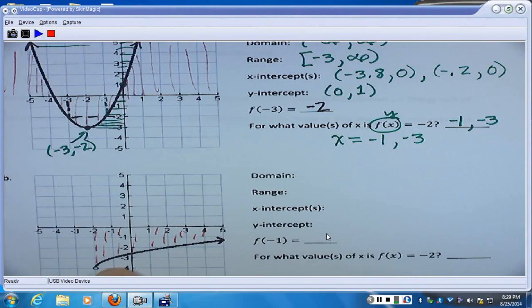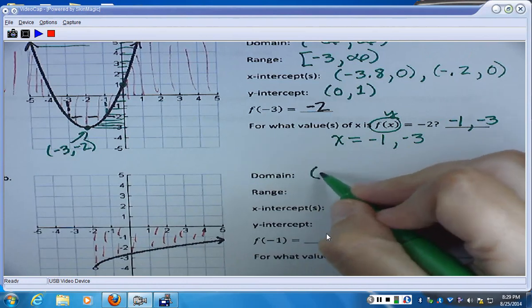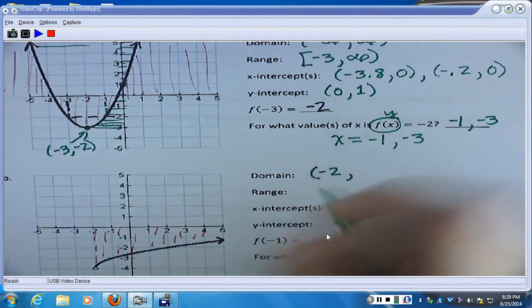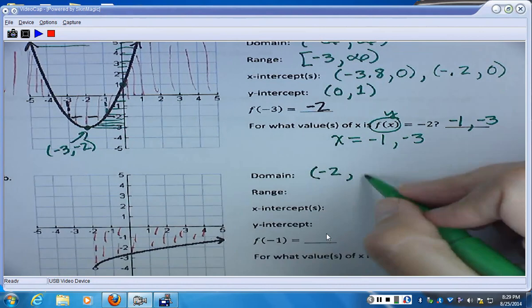Yeah, it means it doesn't include the negative 2. And it doesn't include the negative 4 on the y-axis. And then this goes out to positive infinity. So that's infinity.